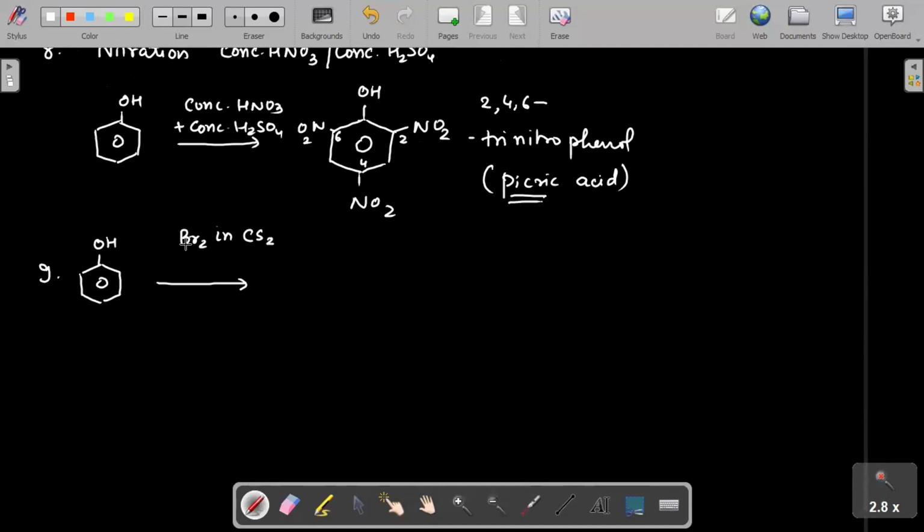Okay, and you can see the bromination of OH. Again, we'll get 2, 4, and 6 tribromophenol. So that is fine.